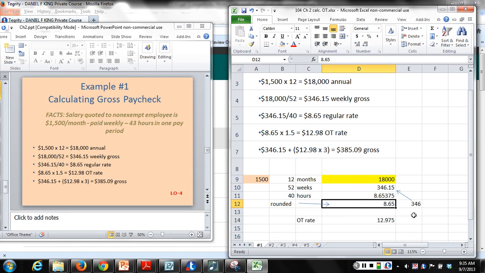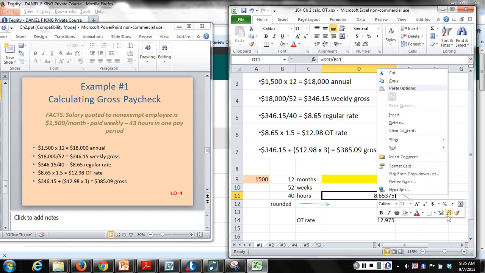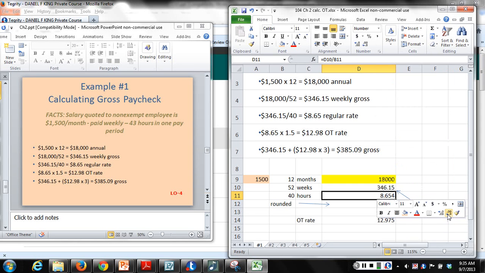Rounding is frustrating, it's challenging, it's difficult, and the most difficult thing, because I'm encouraging you to work in Excel, is that when you see a number in Excel, you often just begin to assume, well, that's the actual number. Here, I see this number 8.65375. Well, that's the real number. But if I told Excel to decrease the number of decimals, and you didn't know that, and I told it to only show that many decimals, Excel is going to round the display.